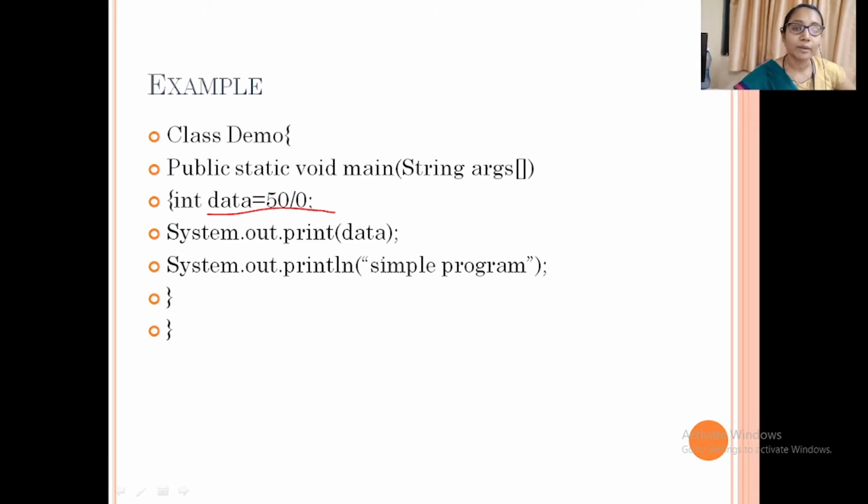In this program, I have not used the exception handling mechanism. It is just a simple Java program. After this third line, where in data I am trying to divide 50 by 0, I will get an error. So let's run this program.